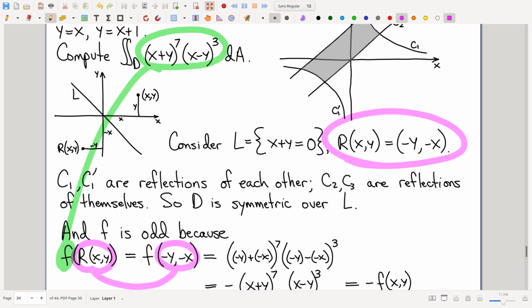Again, you've got to be real careful about this kind of thing. The first coordinate of what I need to plug into f, that first coordinate is minus y. That's going to have to go where the x's are in the original expression. So this minus y, the first input, goes where the first input goes.